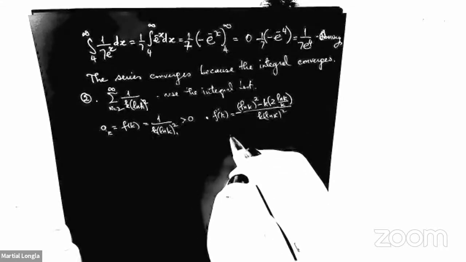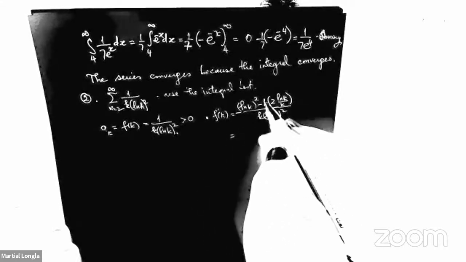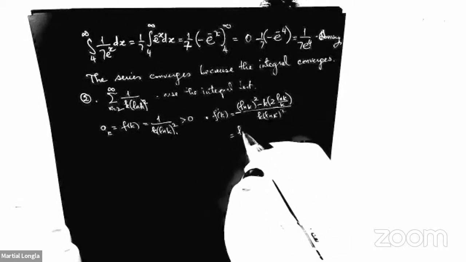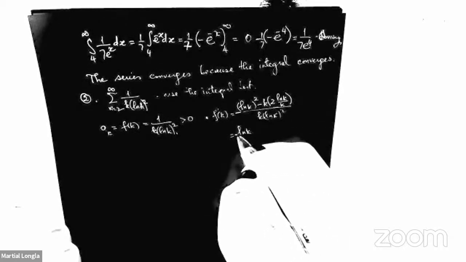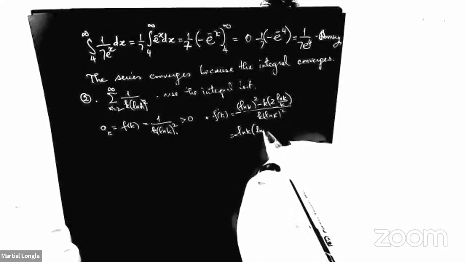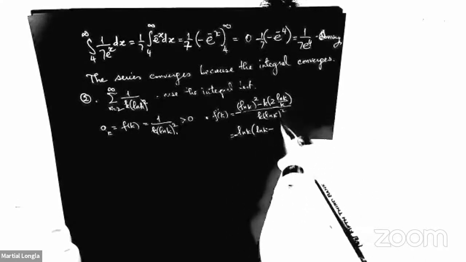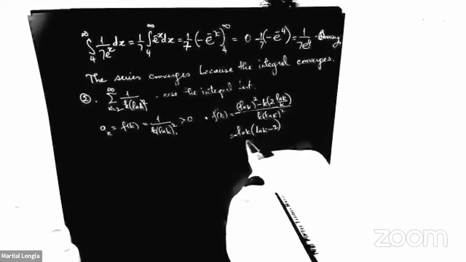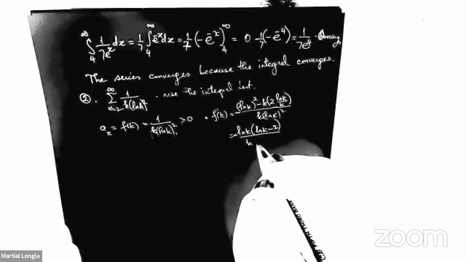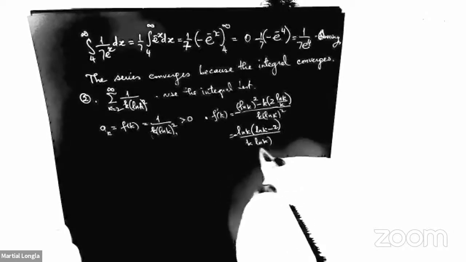And the answer is, the k is canceled. You can factor out ln of k, so that's negative ln of k times ln of k minus 2 over k ln of k squared.